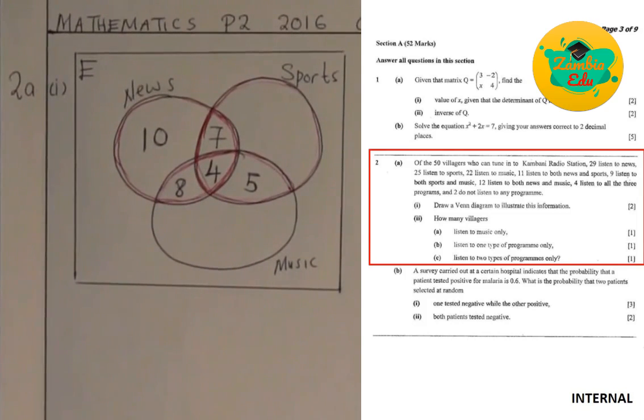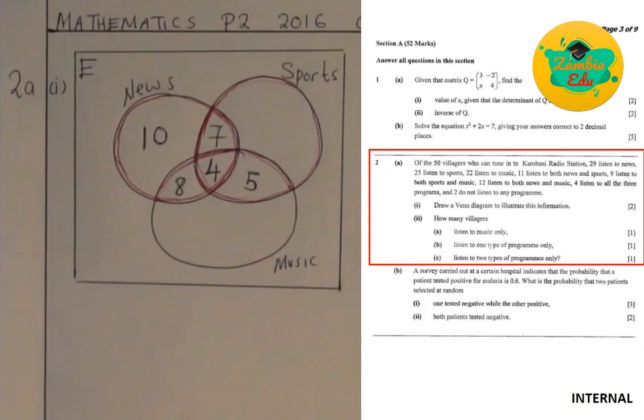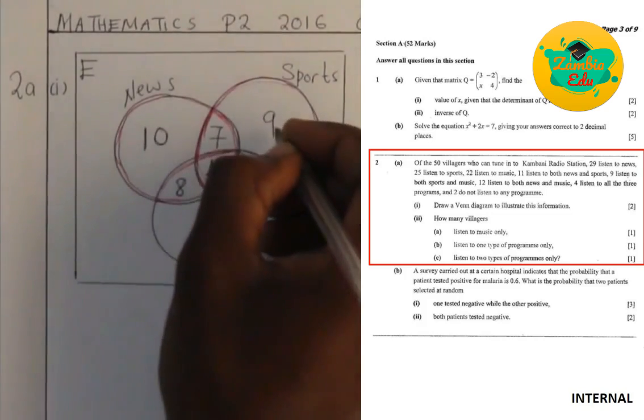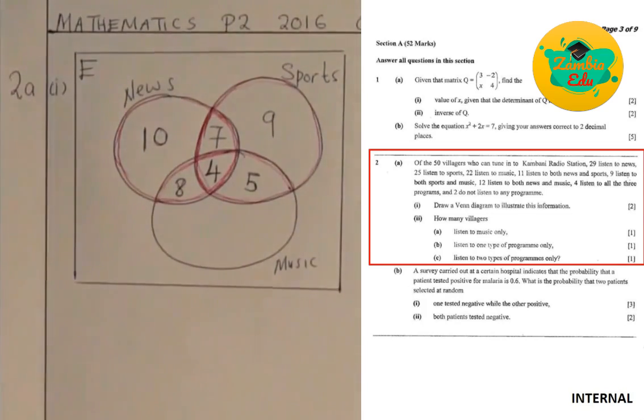And if we do that, 25 take away 16, we have our 9 there.